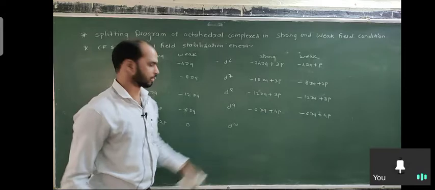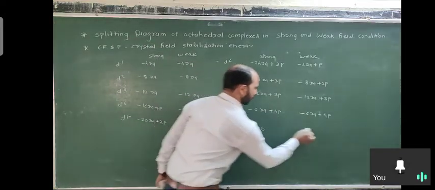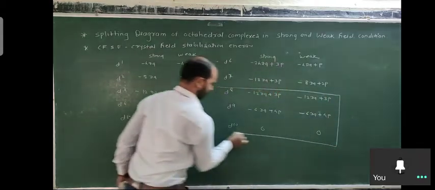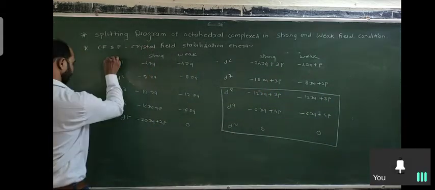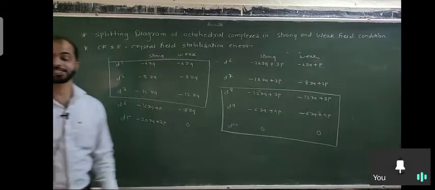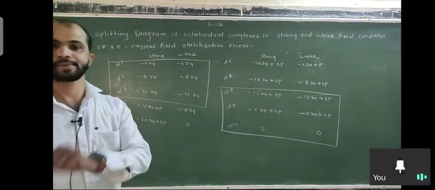Same energy is there. Again here is 0, here is 0. So these 3 and here having the same energies in both the strong as well as weak field conditions.